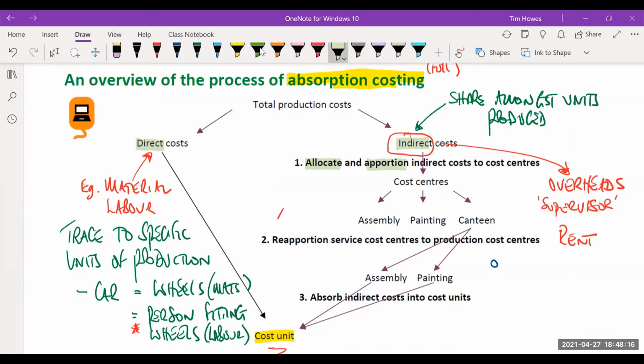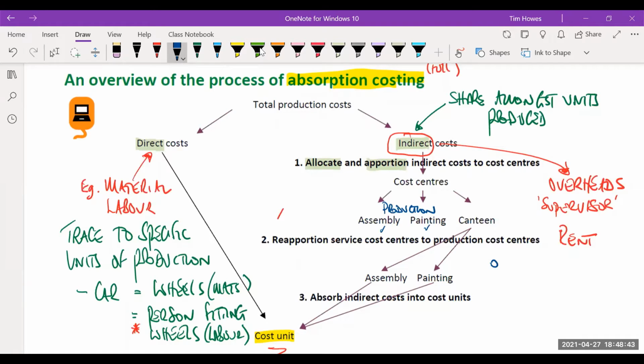Now, cost centre, you might see different names for it. Don't let that put you off. We're talking about bits of our business that we would separately identify. Normally, and we'll see it on the other page in a minute, we would have production centres. In this little example, assembly and painting are production centres.